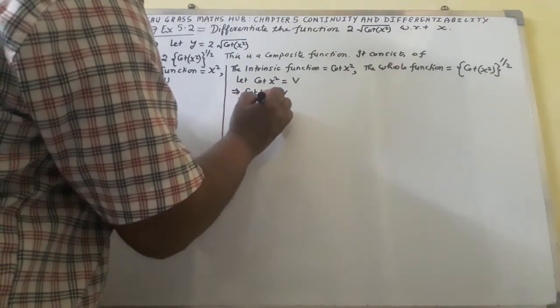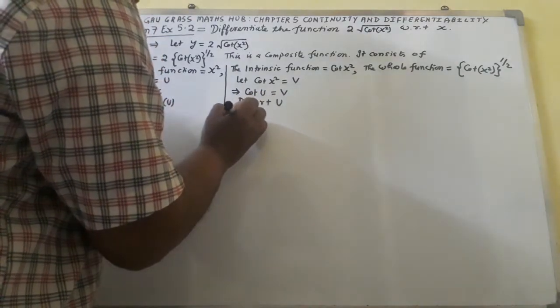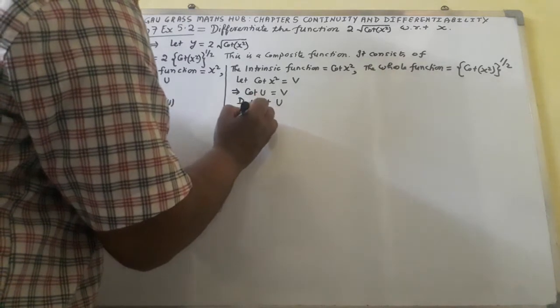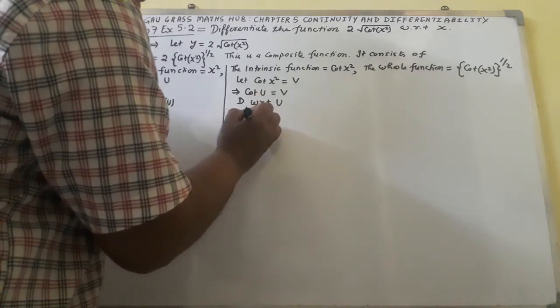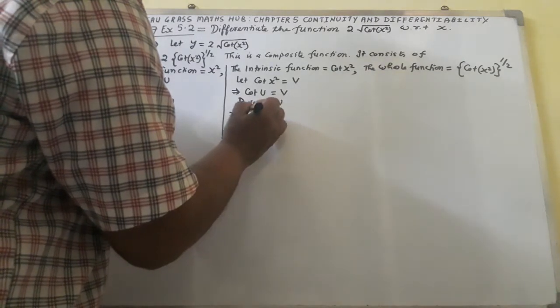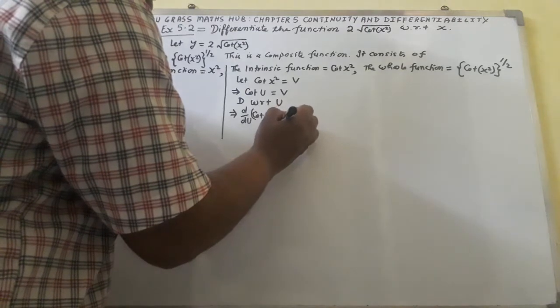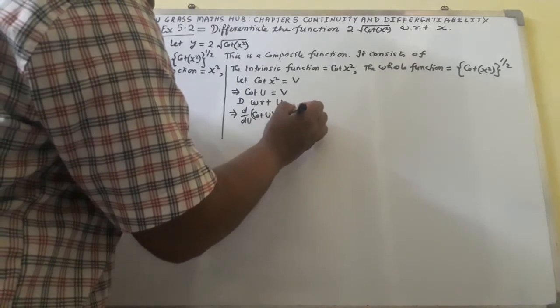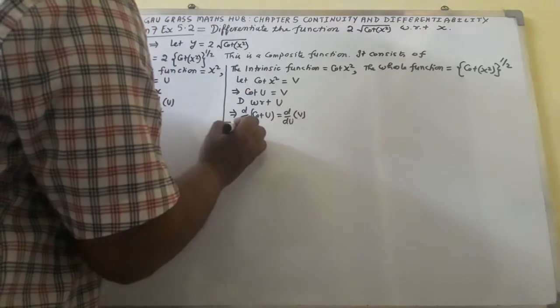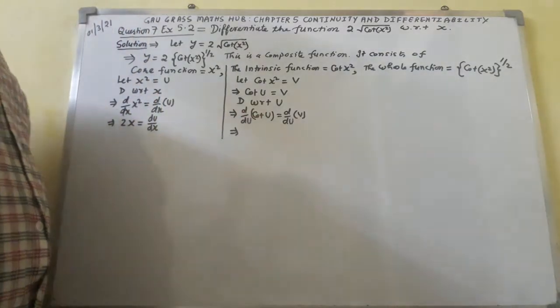Differentiating with respect to u, d over du of cot u equals d over du of v.